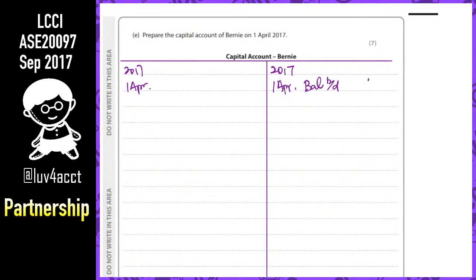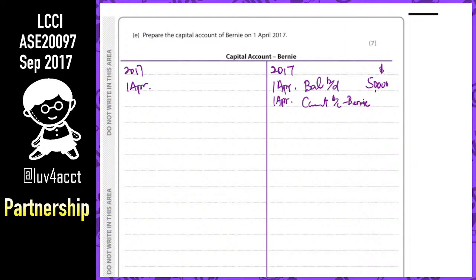So 50,000. Current account of Bernie. Again beware, because for the current account in the mark scheme it just writes current account. But there are 3 current accounts, for Amy, for Bernie, and for Colin.